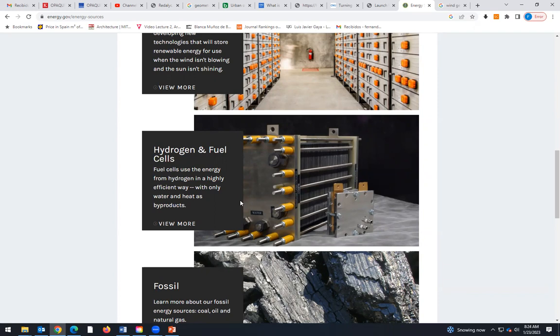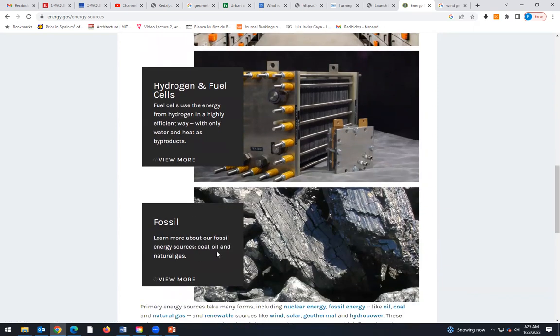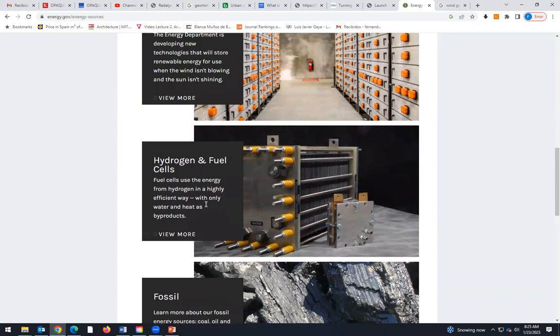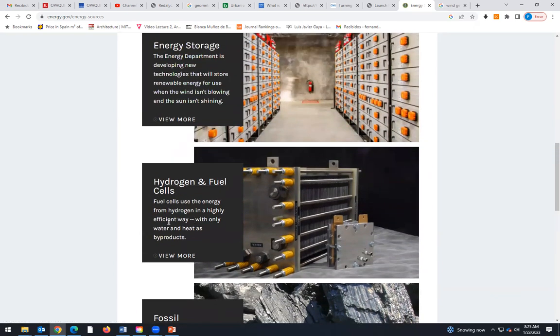This hydrogen technique is still developing, and that's great, because what do we have after generating hydrogen? What we have is water. When we burn fossil fuels, we have CO2 and other greenhouse gases. But when we generate hydrogen, we just have water.